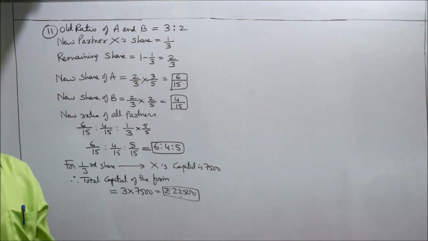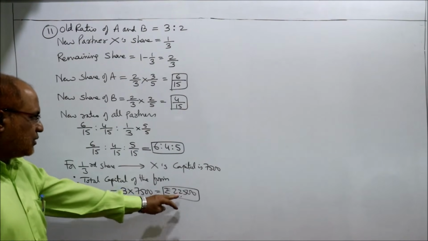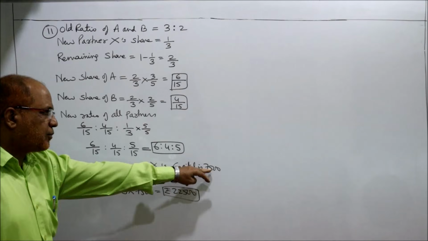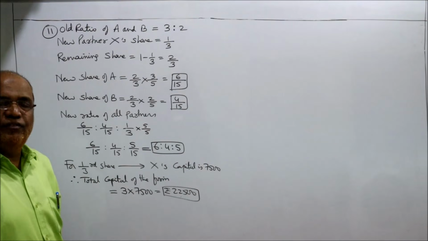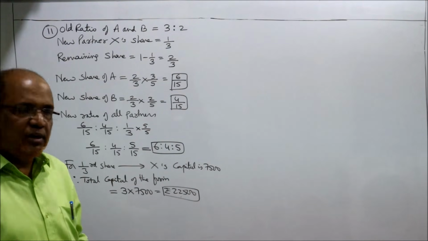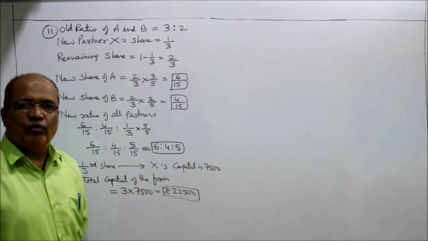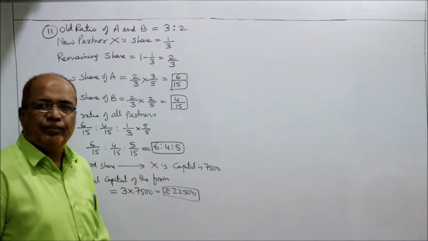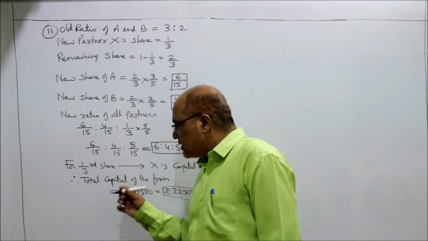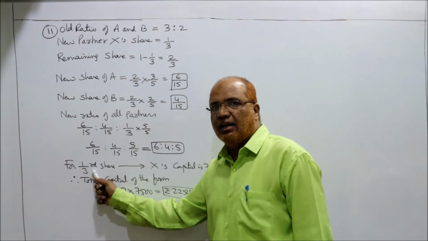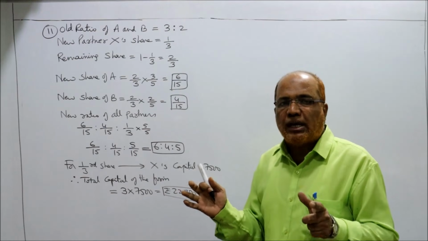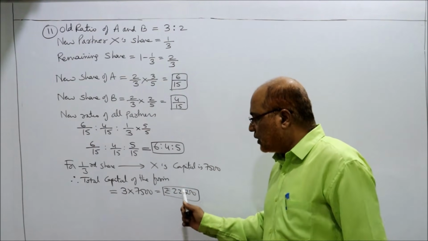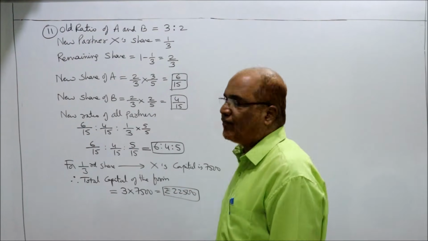So total capital of the firm. Now calculate 1/3 of 22,500, you will get 7,500. If you want the proof, calculate 1/3 of 22,500, definitely you will get 7,500. So by using the 7,500 for 1/3, we have calculated the total capital of the firm. The total capital of the firm is 22,500.